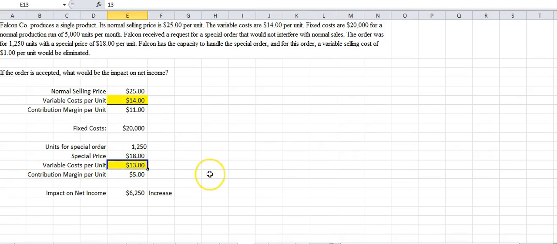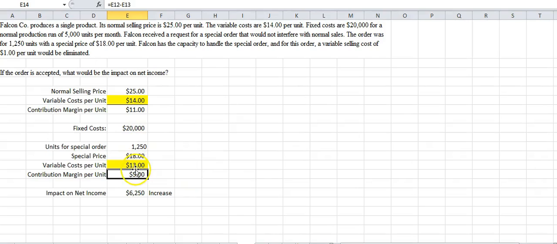So my variable cost is going to be $1 less, right? So each of these units is going to contribute $5 per unit. Notice how they contribute a lot less than your normal sales, which is $11. However, would you rather get $5 for an extra 1,250 units or zero? I would rather get $5, right?